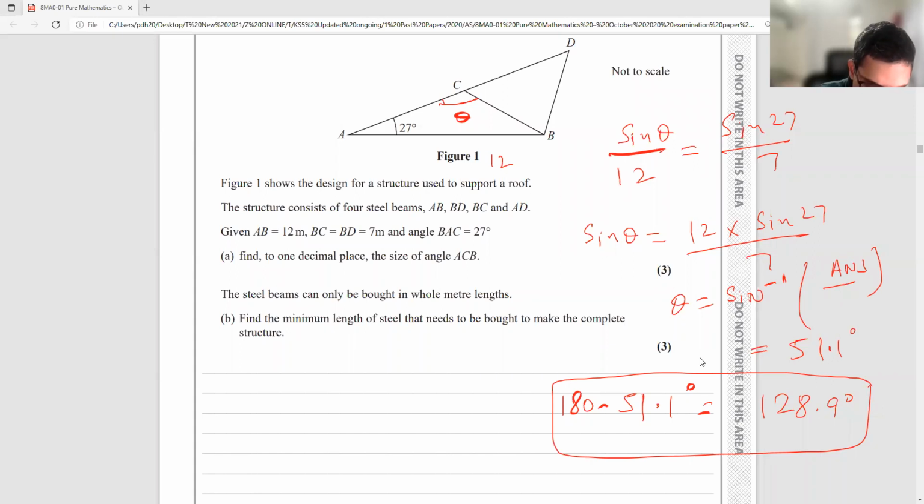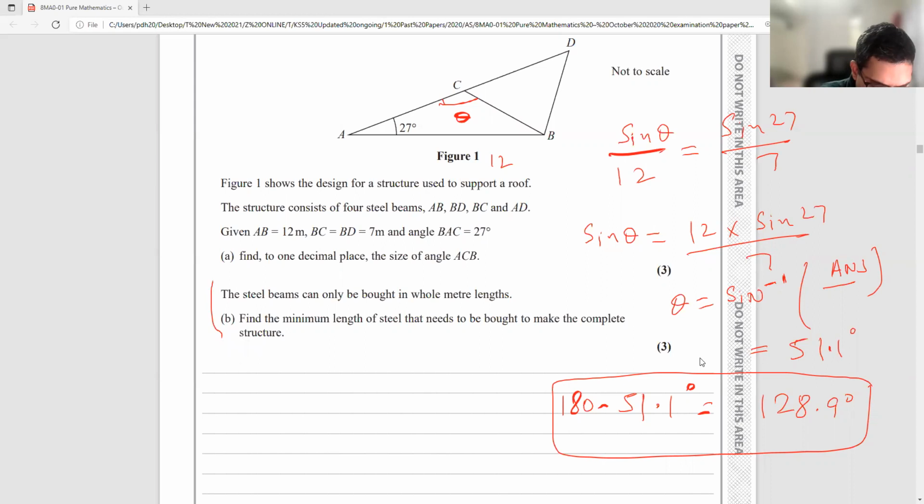You can see this is 12. So 12 is going to be opposite to the bigger angle. If this is 27, we can see this is slightly smaller. So if this side is bigger, this angle is bigger. So therefore this angle is going to be 128.9 degree.